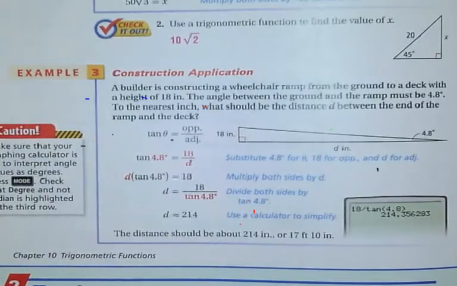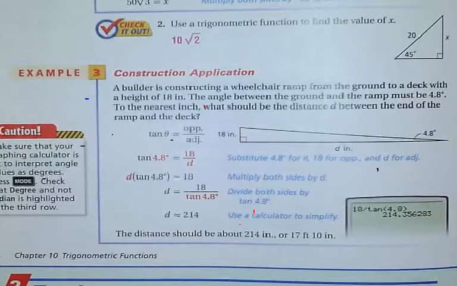It tells us that a builder is constructing a wheelchair ramp from the ground to a deck that's a height of 18 inches. If you look at what they wrote, the 18 inches here, and they tell you the angle has to be 4.8 degrees. So this little tiny angle over here, let me put it in red so you know what we're talking about.